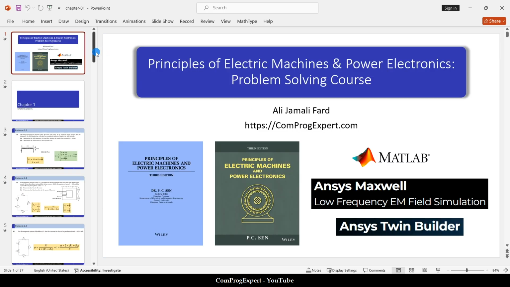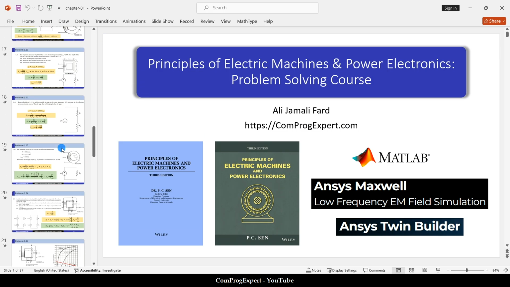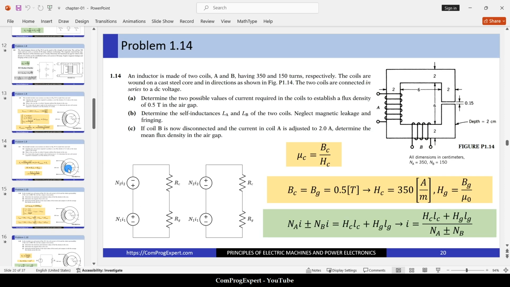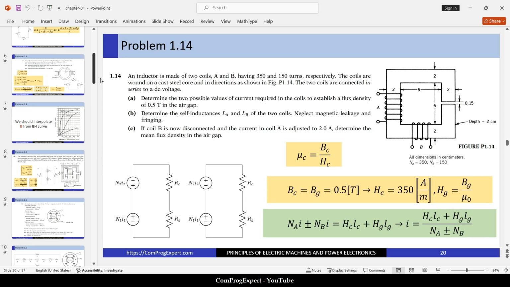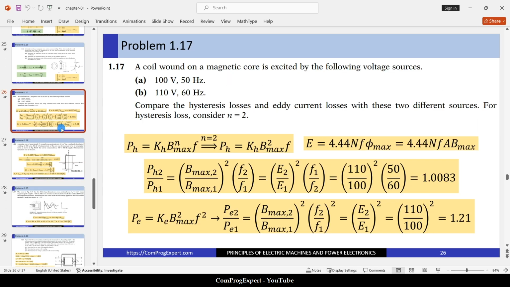Let me show it from the examples of chapter 1. We had this problem: comparison of total core losses, hysteresis losses, and eddy current losses when we change the input voltage.